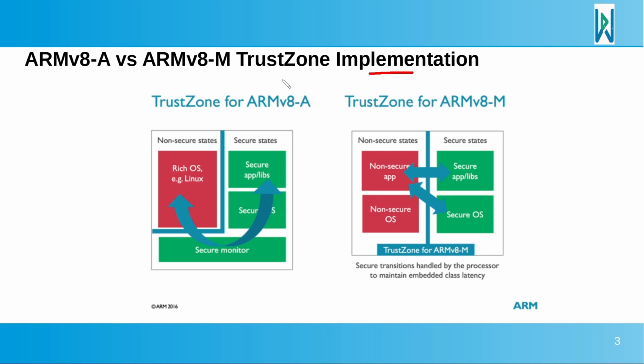The implementation of this ARM TrustZone concept was not done initially on ARMv8-M architecture. Actually, when ARM started implementing this TrustZone, they started with the application processor's Cortex-A. So this was done initially with the ARMv7-A, and then they moved it to the ARMv8-A.